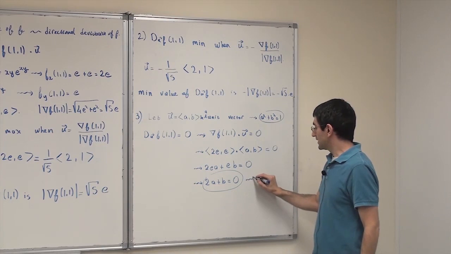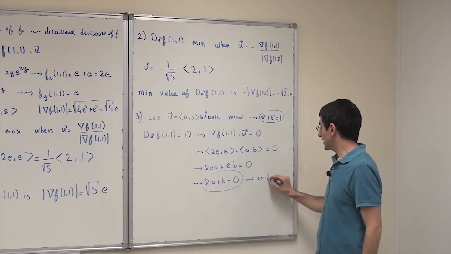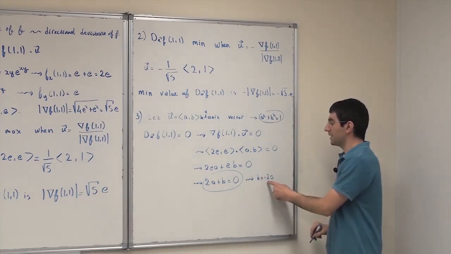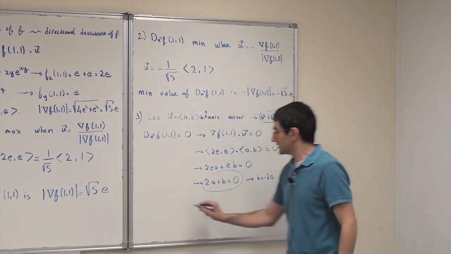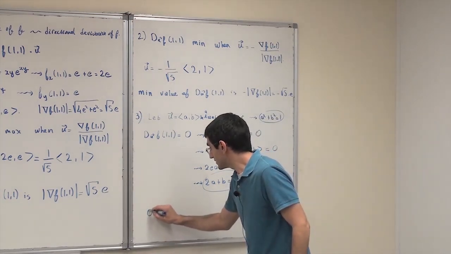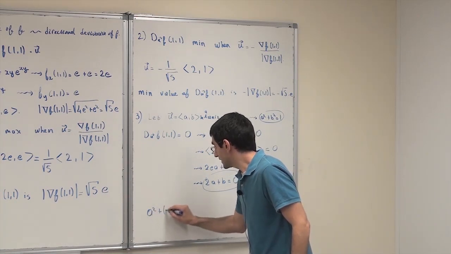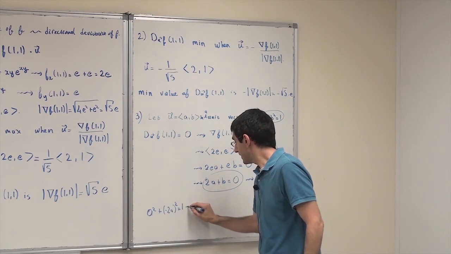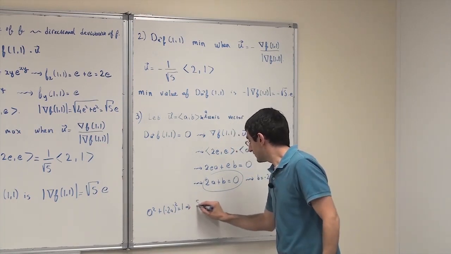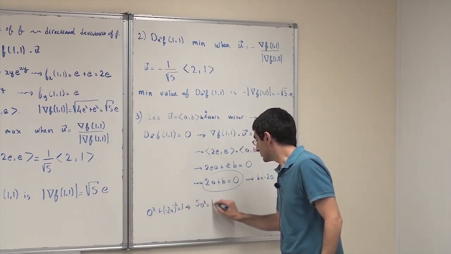So I can say that b is negative 2a, and I substitute this into the magnitude equation. So a squared plus (negative 2a) squared is equal to 1, which gives us that 5a squared is equal to 1.